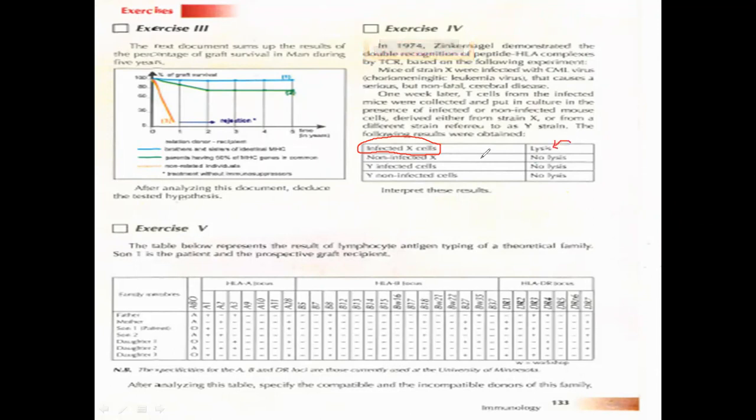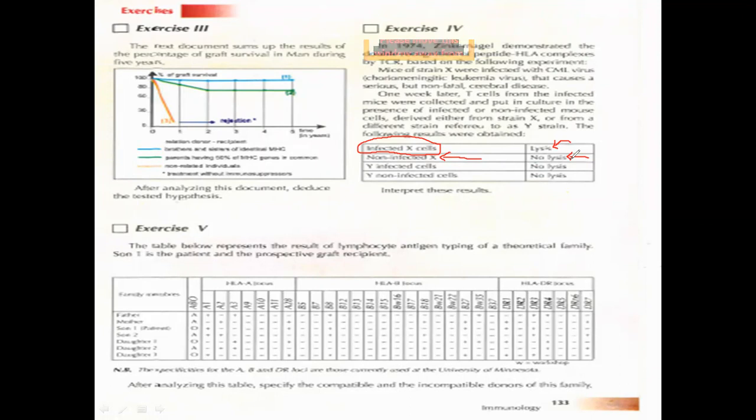However, if we put non-infected X cells, there was no lysis. What does this mean? This means that the T cells cause the lysis of infected cells and not the non-infected cells. This is the first note you have to know. The X cells that are infected are lysed. However, the non-infected X cells are not lysed by the T cells. That was the first important note.